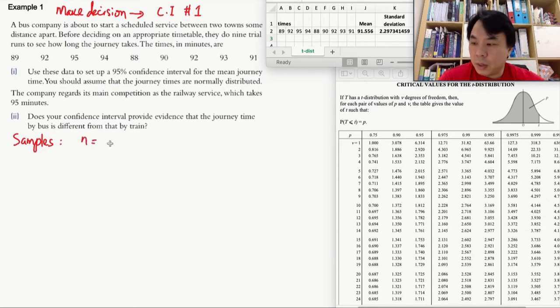For this sample, the sample size is equal to 9 because 9 trials have been conducted, and these are all the data that we collected. So the first step is to calculate the average time taken for the journey between those two towns.